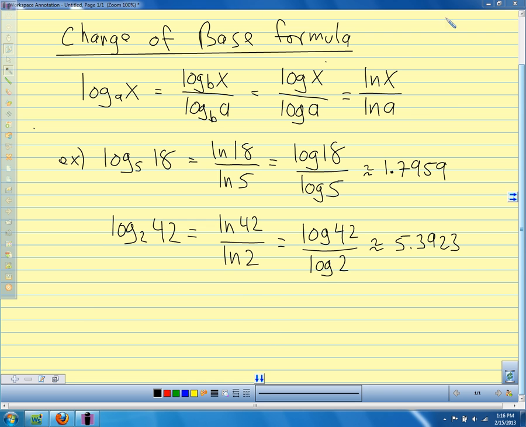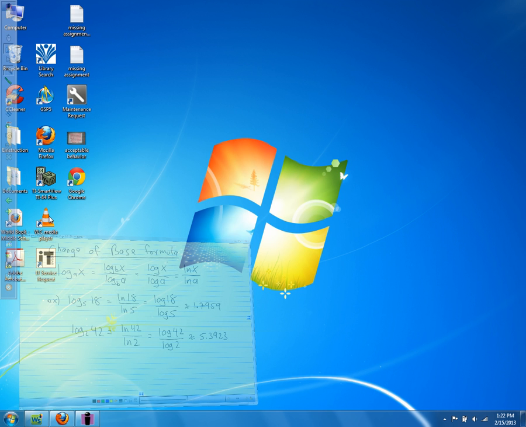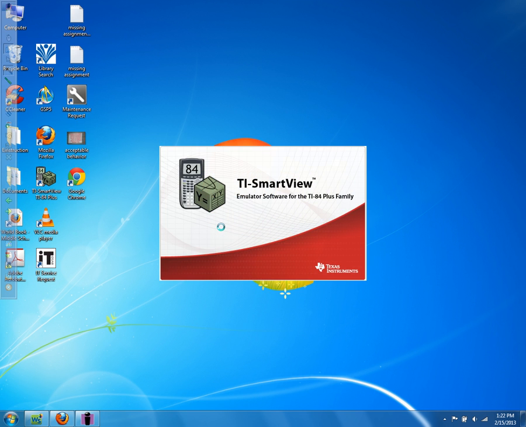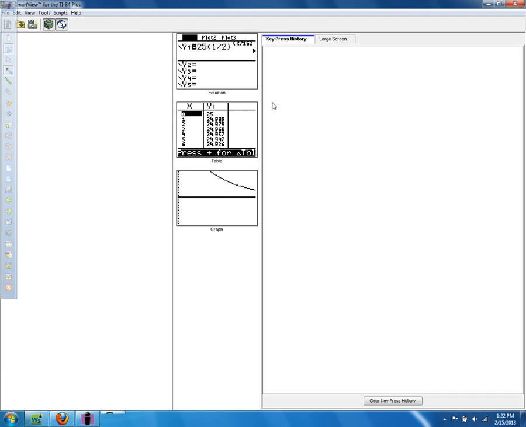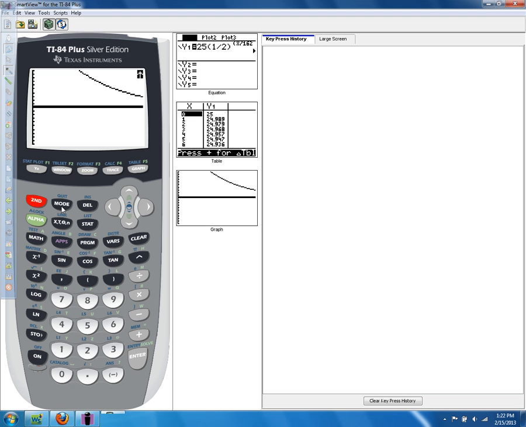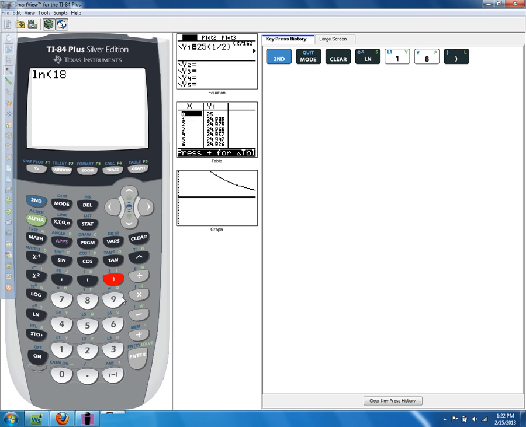So let me pull up my calculator. So for the first one, I could say the natural log of 18 divided by the natural log of 5.